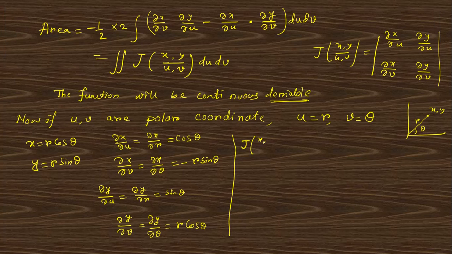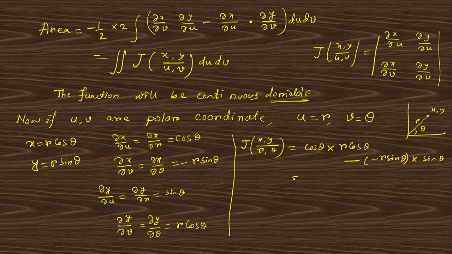We need to find out the Jacobian. So the Jacobian of xy with respect to r theta is ∂x/∂u, which is cos theta, into ∂y/∂v, which is r cos theta, minus ∂x/∂v, that is minus r sin theta, into ∂y/∂u, that is sin theta.